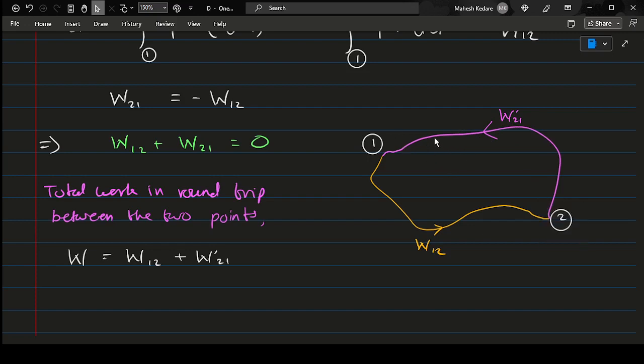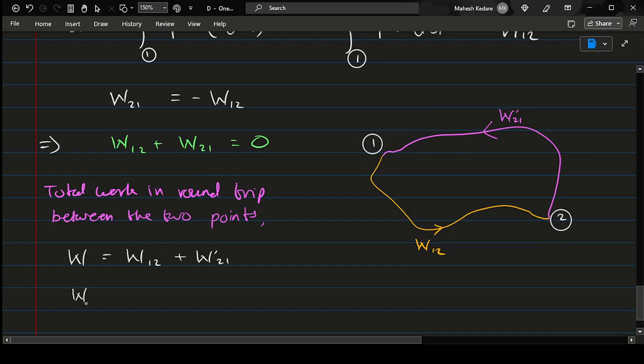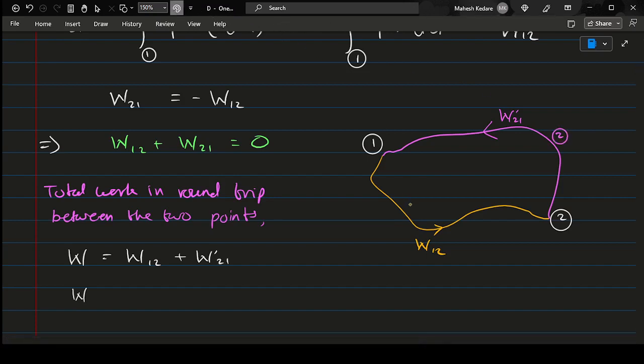Now, if we consider the work along the same pink path from point 1 to point 2, we denote that work done along the second path. This is the second path, and this is the first path. Work done in going from 1 to 2 along this second path.